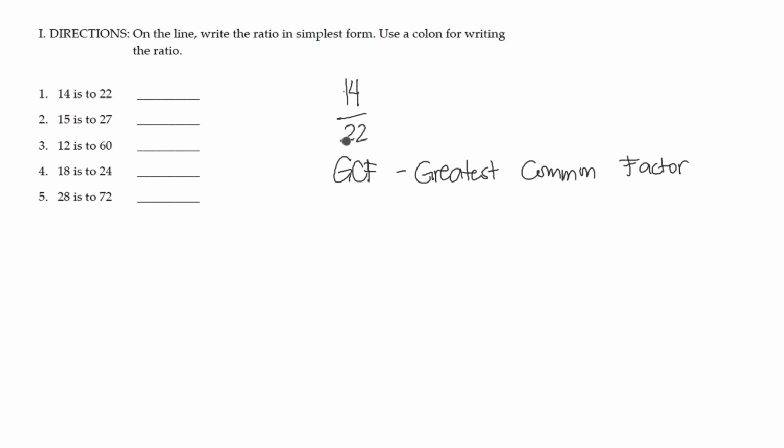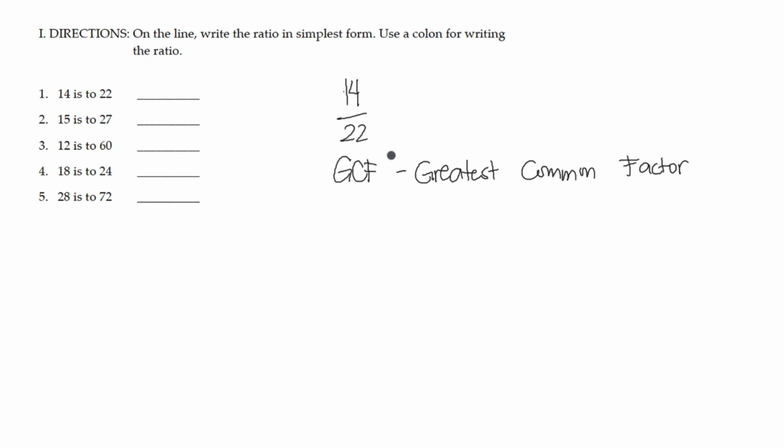So, kukunin natin yung pinakamalaki. So, in 14 and 22, pwede kayong gumamit ng listing. Pwede kayong gumamit din ng factor tree or the division method. So, ngayon, we have 2 as the GCF of 14 and 22.